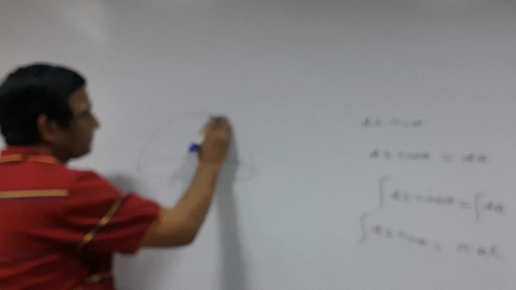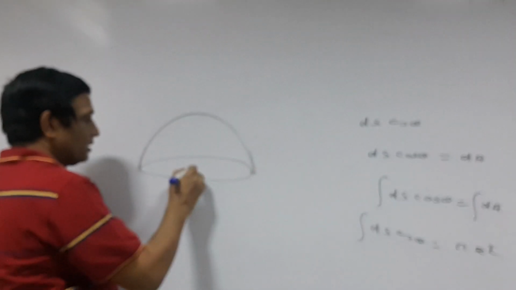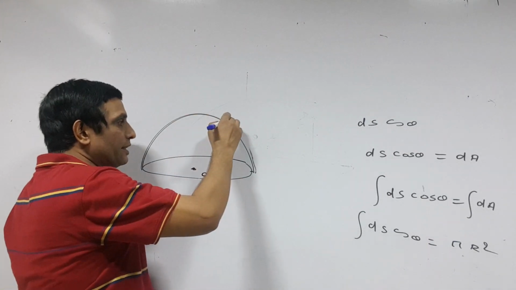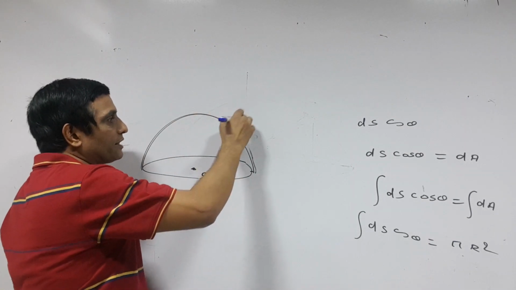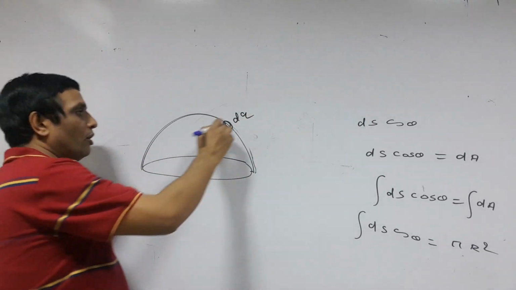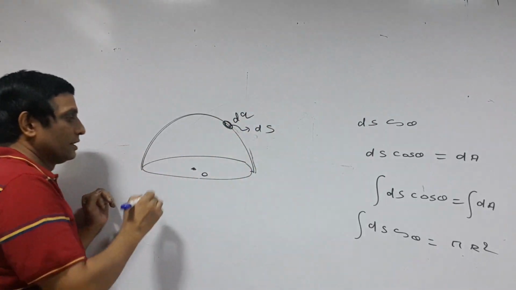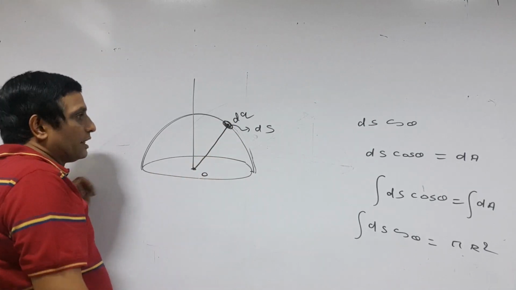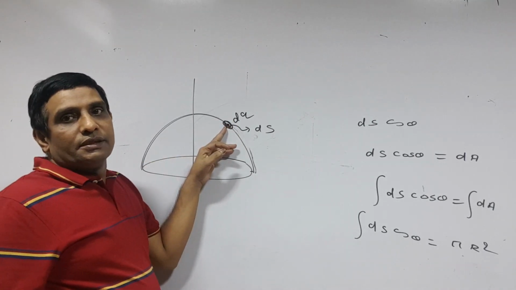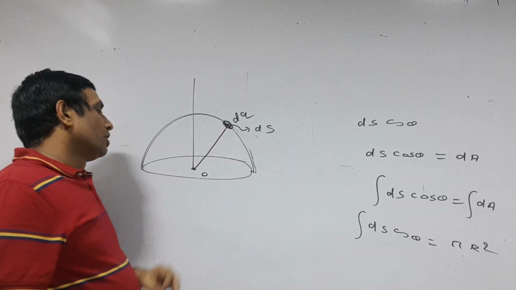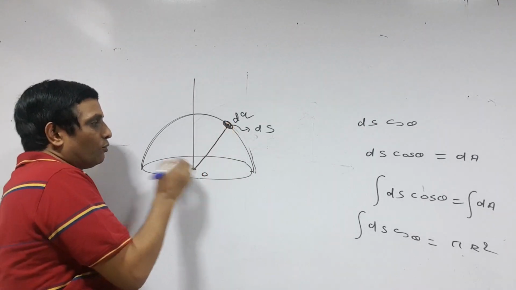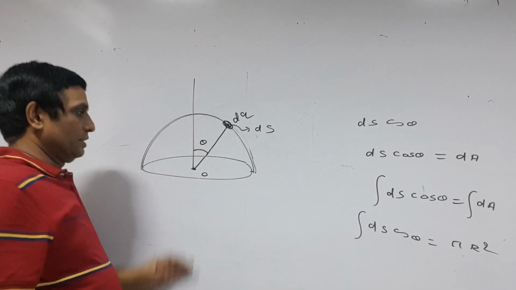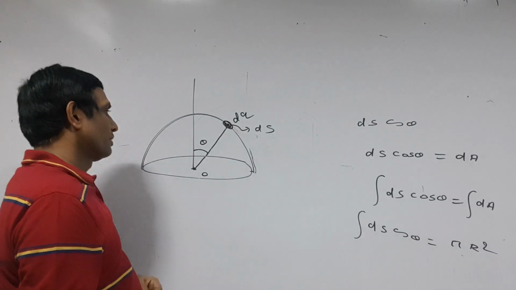This is the center of the base, that is O. If you take here an elementary charge dq on area ds, and connect the charge with O, then this line will make angle theta. Assume that this angle is theta.